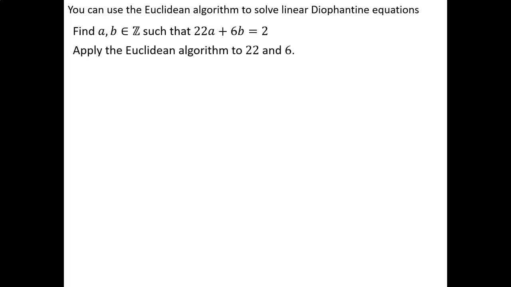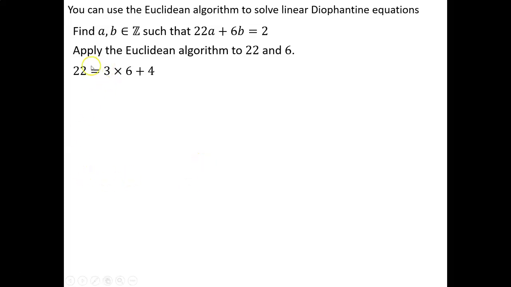Now, the Euclidean algorithm is useful because we can use it to solve linear Diophantine equations. So here's our example question. Now, if you were solving this the previous way, we would have divided through by 2 first, but we're not going to do that here.